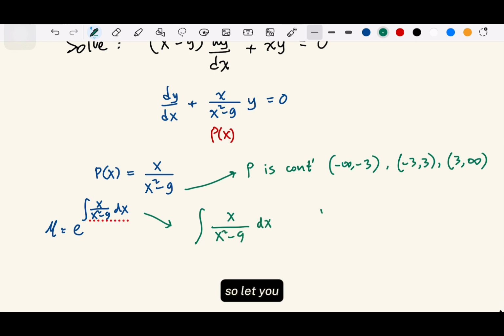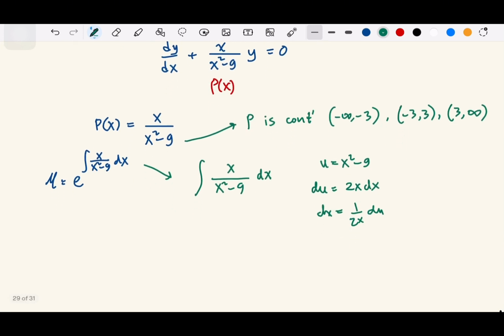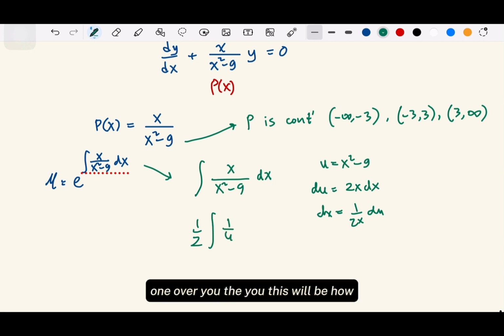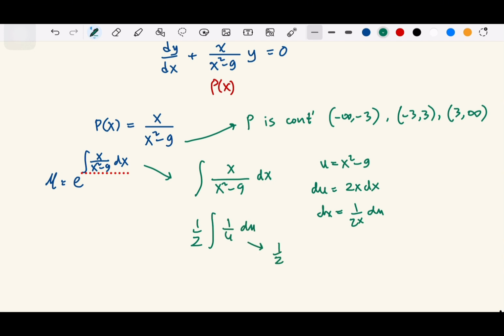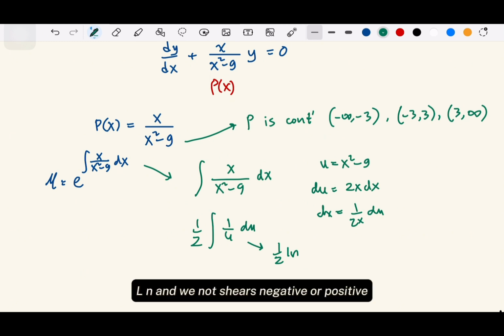So let u, so half, 1 over u du. This will be half ln, and we're not sure it's negative or positive, so ln will be x squared minus 9, like that.